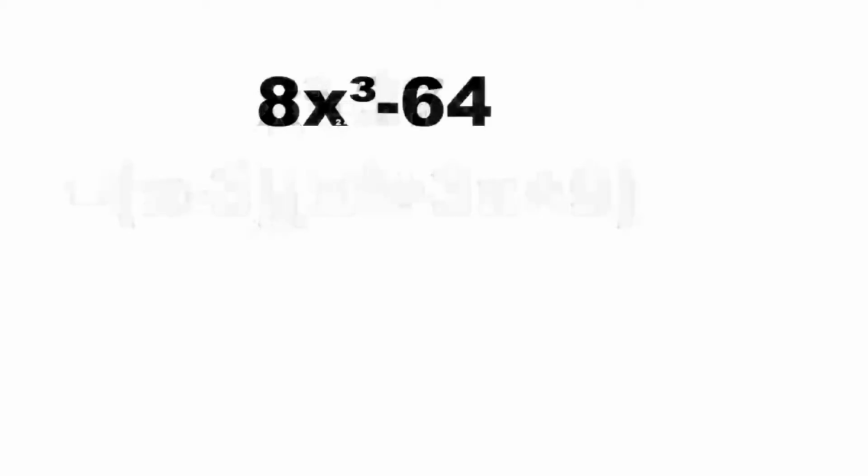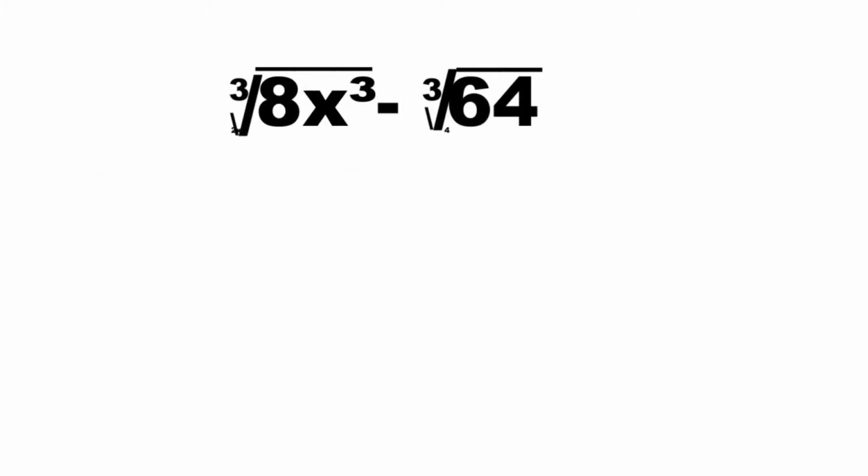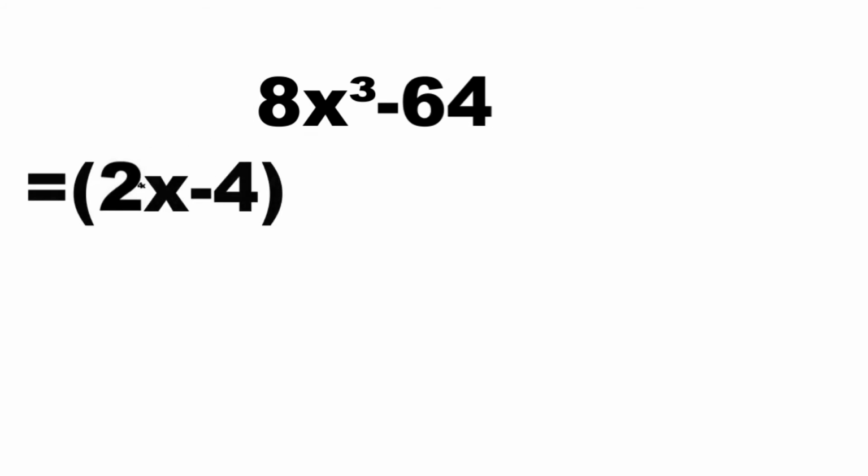Another example, we have here 8x cube minus 64. Let's get the cube root of 8x cube and 64. The cube root of 8x cube is 2x, and the cube root of 64 is 4. So we have quantity 2x minus 4.